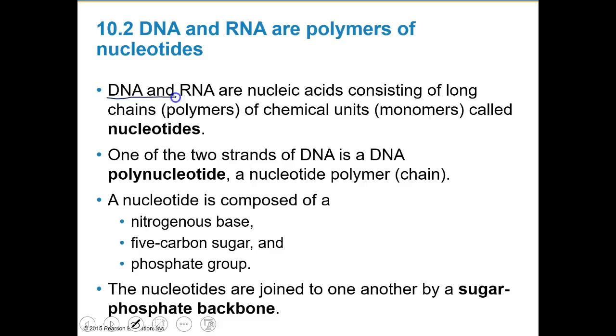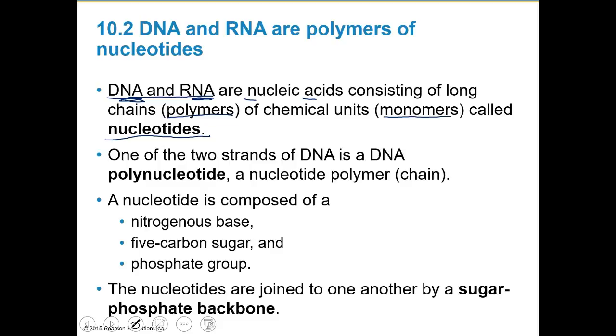We have DNA and RNA, and these are our nucleic acids, where we get the NA from in both of them. They're nucleic acids. And they consist of long chains or polymers of chemical units, our monomers. Remember, our many-mers are made up of one-mers, and they're called nucleotides. So our monomers for DNA and RNA are nucleotides.